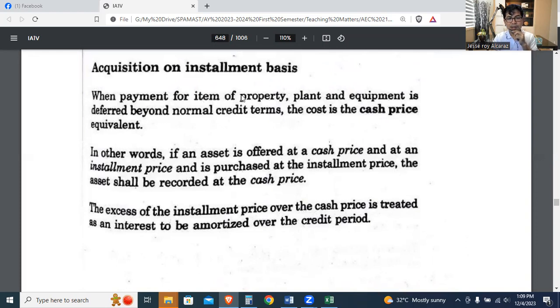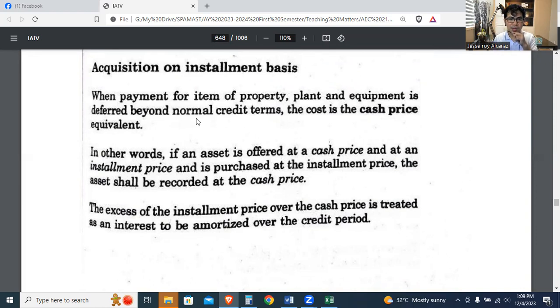When payment for an item of PPE is deferred beyond normal credit terms, the cost is the cash price equivalent. Okay, what does this mean? It means that we buy it but pay for it beyond the normal credit term, let's say 2 years, 3 years, 5 years. How much do we record the PPE at, considering we pay in installments for several years?